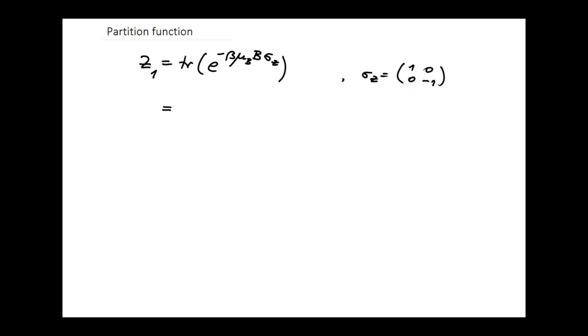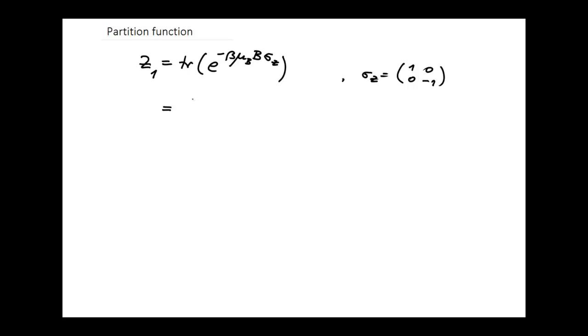This means that the exponential has eigenvalues e to the minus beta Bohr magneton B and e to the plus beta Bohr magneton times B. And the trace is just the sum of the eigenvalues.